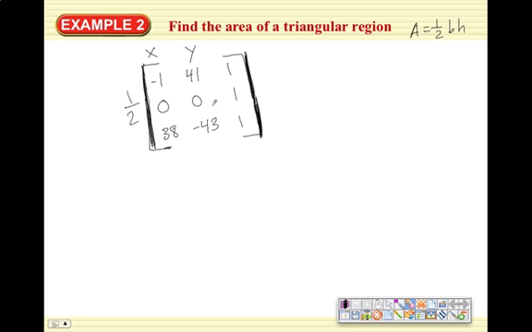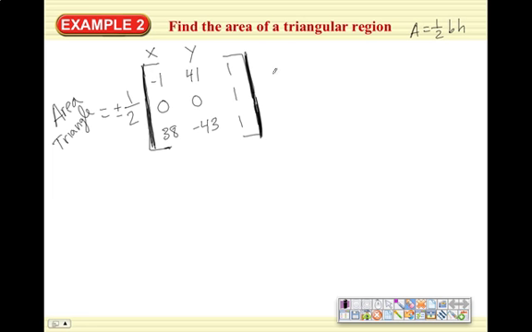So 1/2 of the determinant of this matrix is equal to the area of a triangle, and that happens every time. But there's one little thing you have to do: plus or minus out front, because area cannot be negative, so we put that out front so that in the end our answer will be positive.